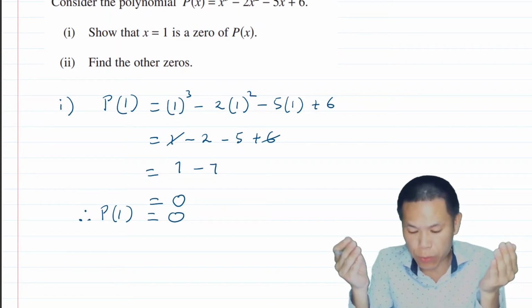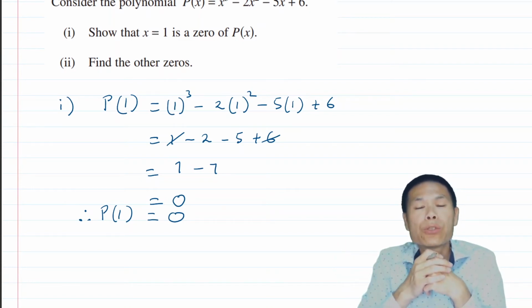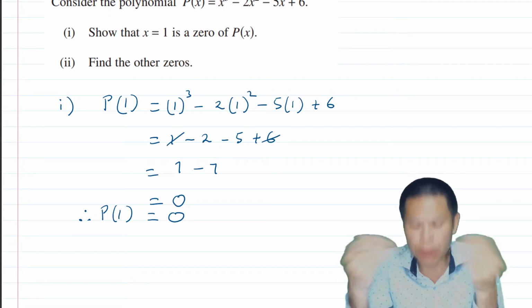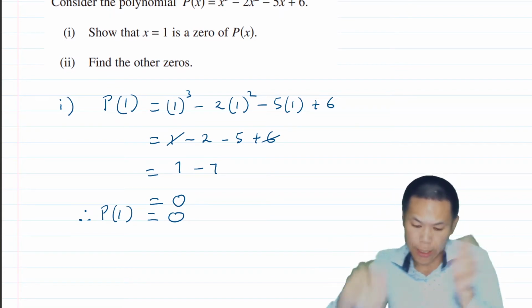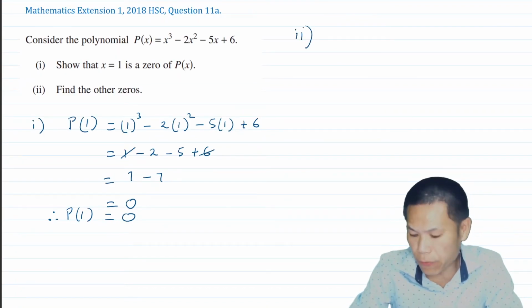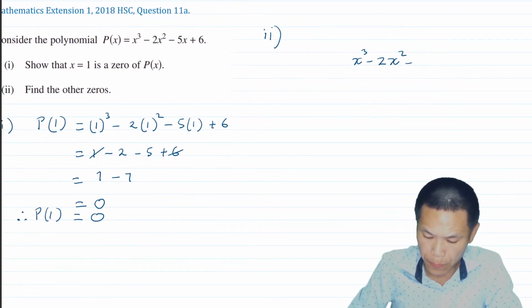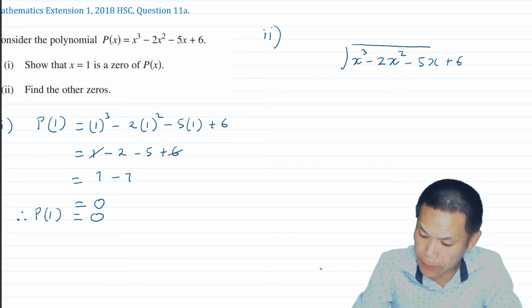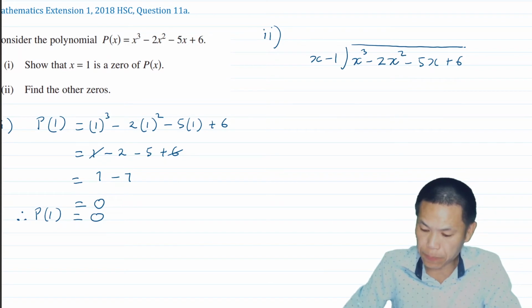Now, part 2. Find other zeros. So we just need to do long division and find the other factor first. Then we can find the zeros. Okay? So part 2. I just do long division: x to the power 3 minus 2x squared minus 5x plus 6 divided by x minus 1.